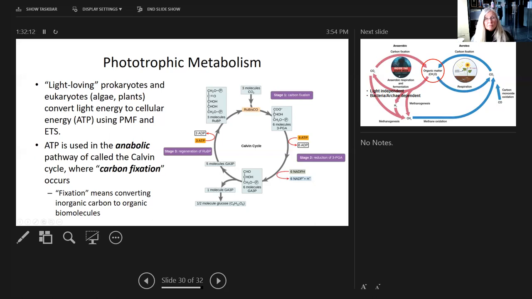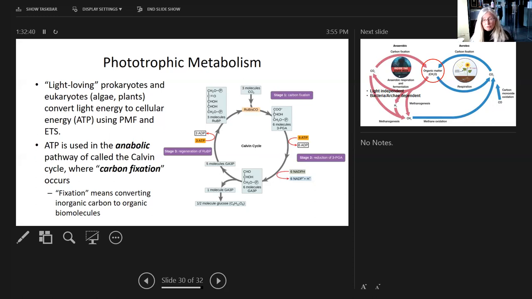So phototrophic refers to the fact that the energy is coming from this photo process, converting light energy into ATP, which is then used for carbon fixation. That is the basis for this big web called the carbon cycle, which you probably remember from your previous biology days.